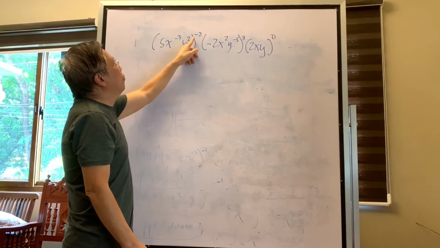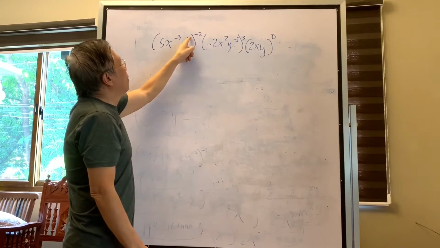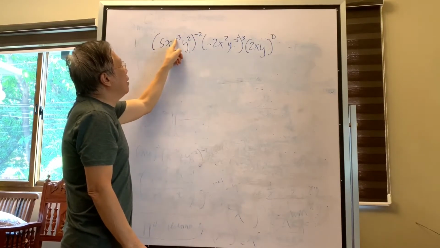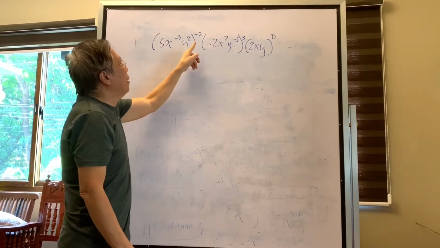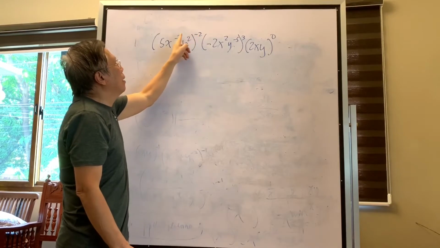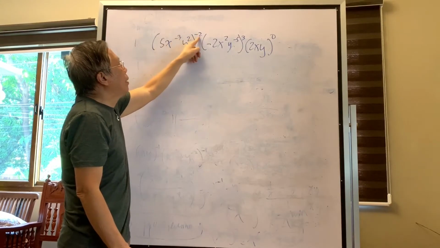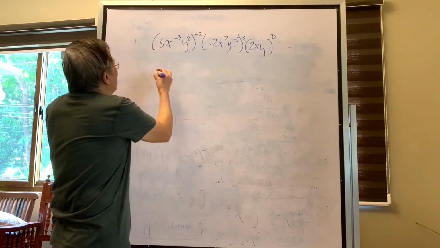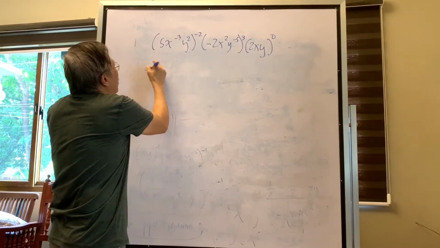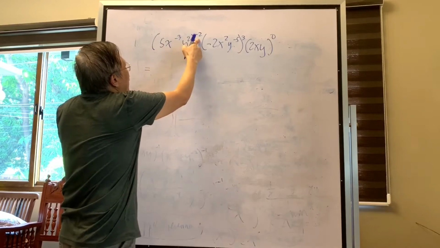It would be well for us to simplify within, to remove the negative exponent here, negative exponent there, or distribute this applying the power of a product, power of a power. I think it would be more convenient if you're going to apply the power of a product and power of a power at this moment.